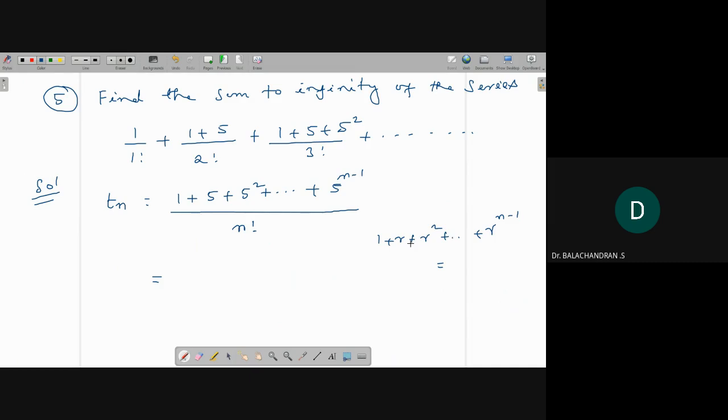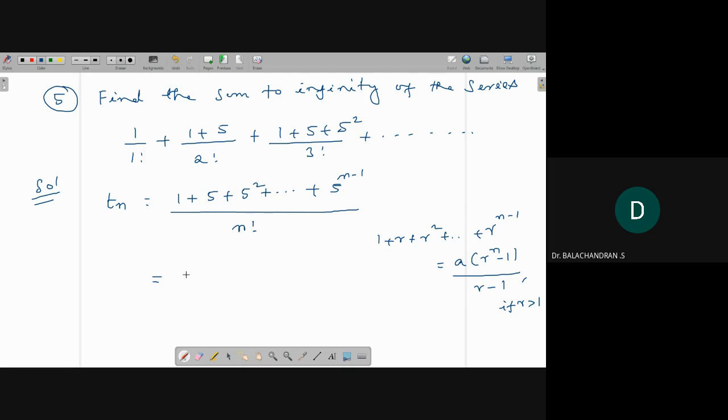If r is greater than 1, then what? If r is greater than 1, then a into r power n minus 1 upon r minus 1. Very good. If r is less than 1, then a into 1 minus r power n by 1 minus r. But here r is greater than 1.